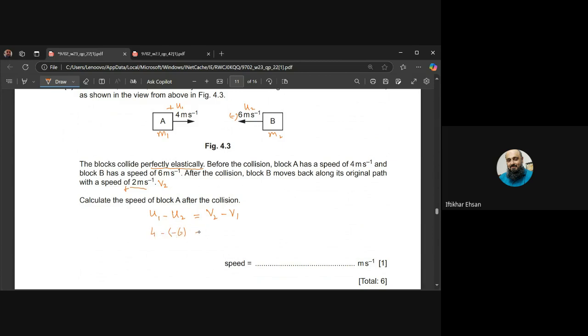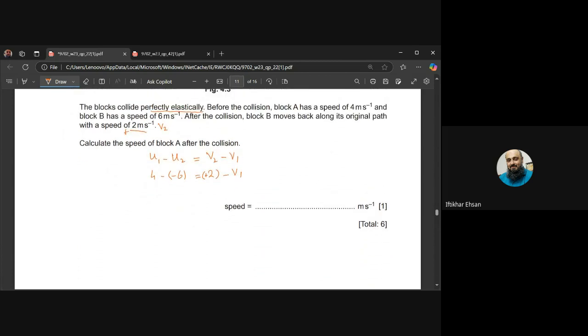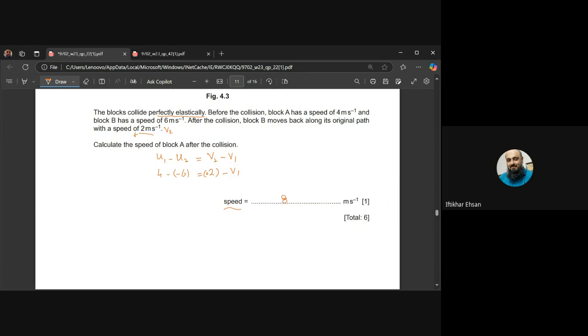This is the important point. The final speed is positive for the second, and the first we have to find. So minus minus plus 10, and minus 10 subtracted from this gives us minus 8. But we do not need to write the minus, because speed is a scalar quantity, and a scalar quantity does not need a sign or direction.